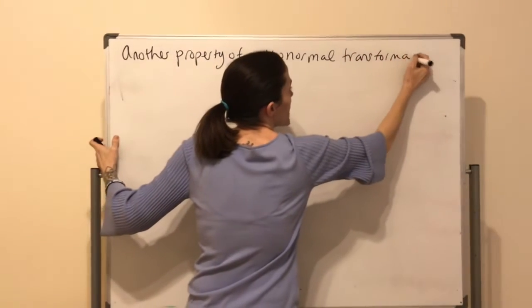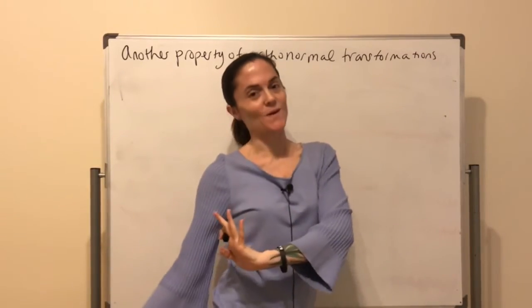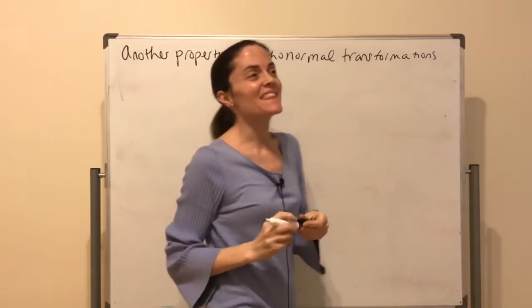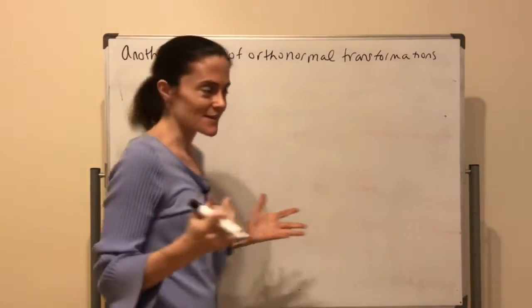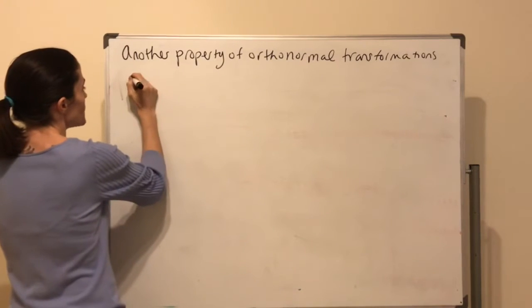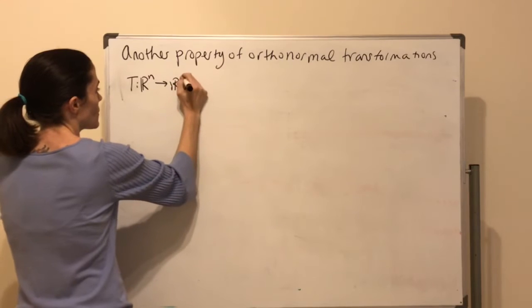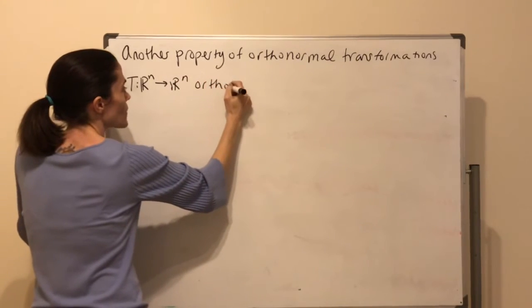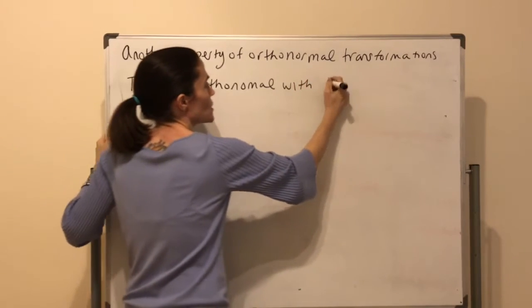Every property I could write as either a property of the matrix or the transformation, but this one I want to write in terms of the transformation, but then I'll use the matrix also, okay? So suppose we have T, Rn to Rn, orthonormal, and I will spell out the matrix here because I'm going to use it.